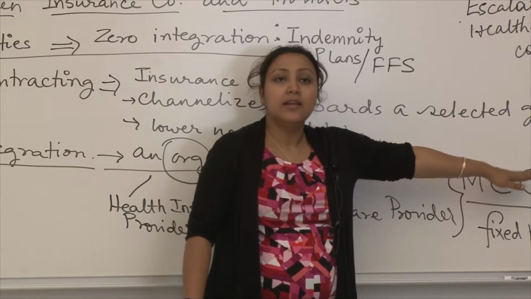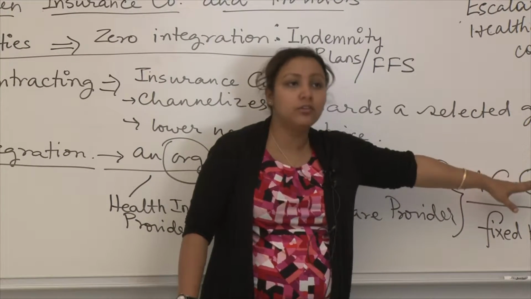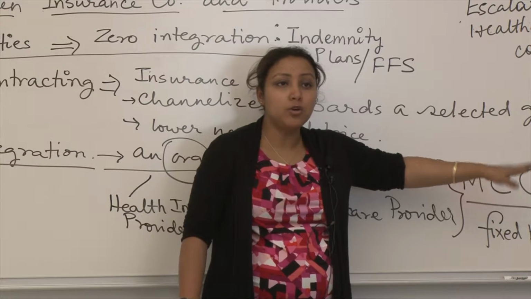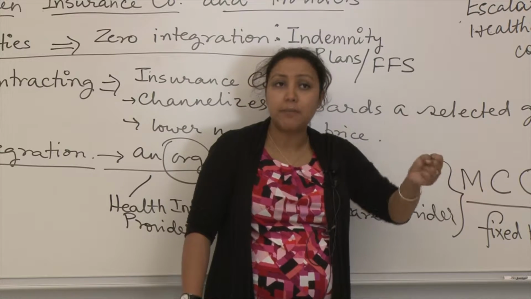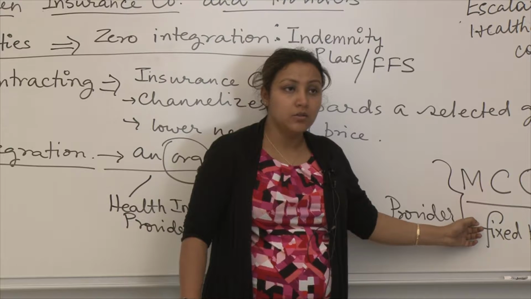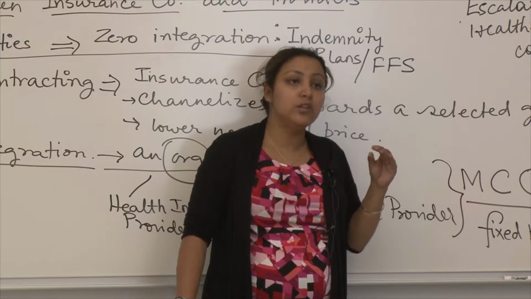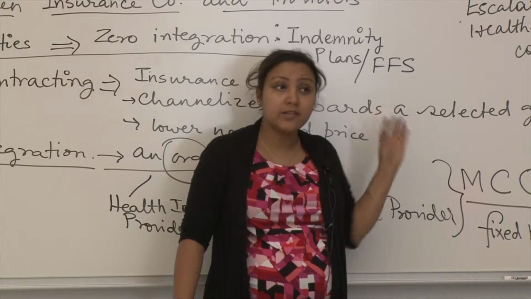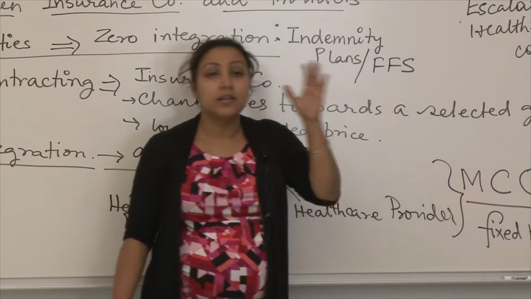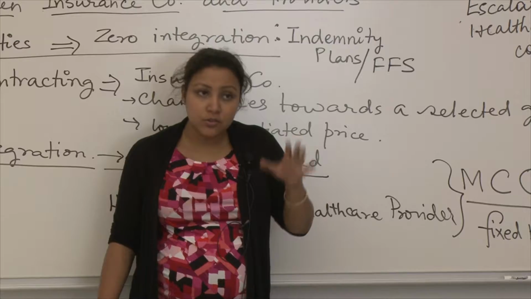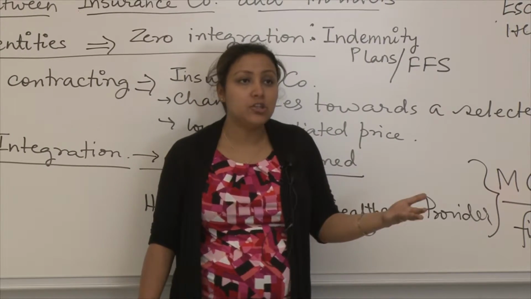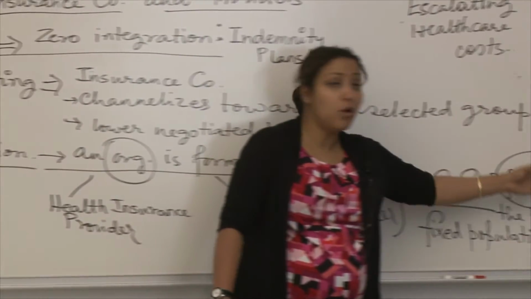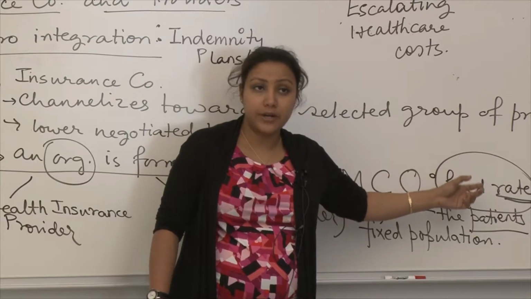The reason is that there is some amount of risk insulation, or some bridging of the information gap taking place here. So asymmetric information is reducing, and also the risk that the insurance company has to face is reducing. And so they can offer the patients some benefits in the form of a lower fixed rate.